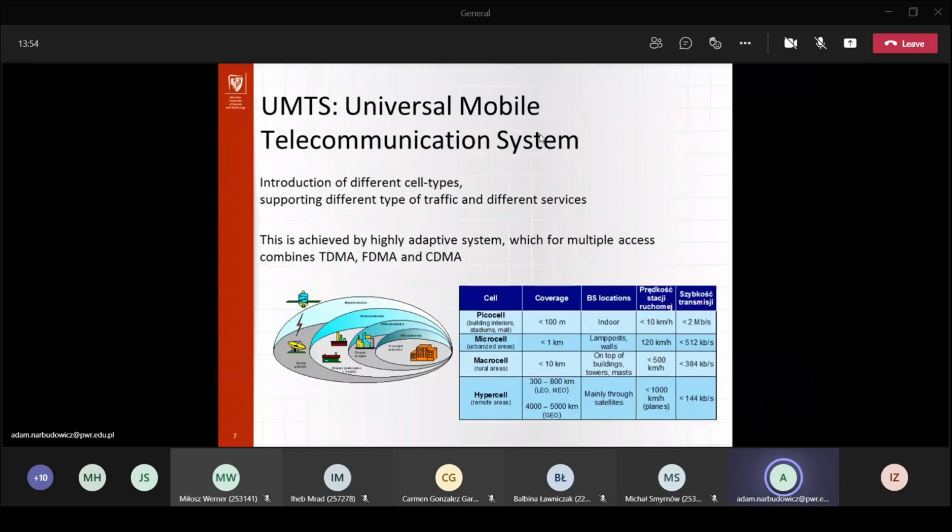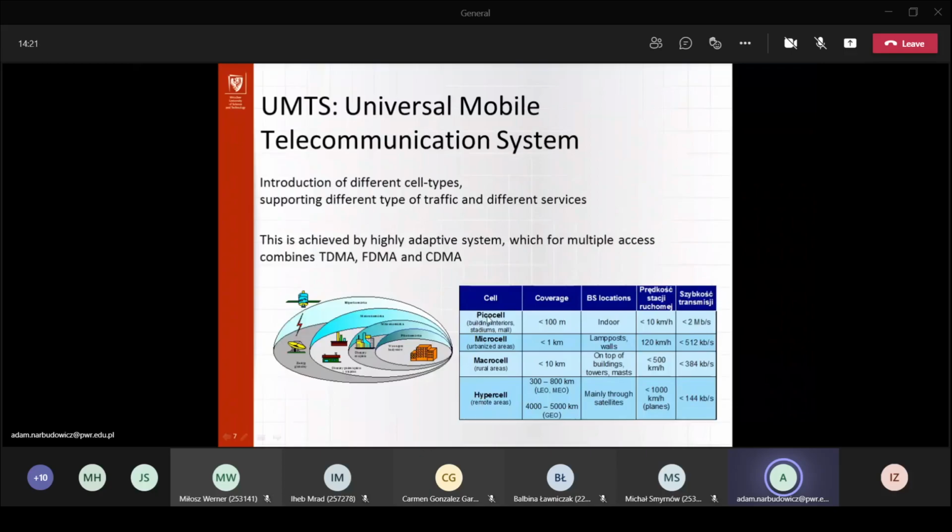One was support for different sizes of cells, but not only in the sense of size of the cell, but also accepting that different sizes of cells can differ functionally. So what do we mean by that? Typically we have a division here between picocell, microcell, macrocell, and hypercell, right?